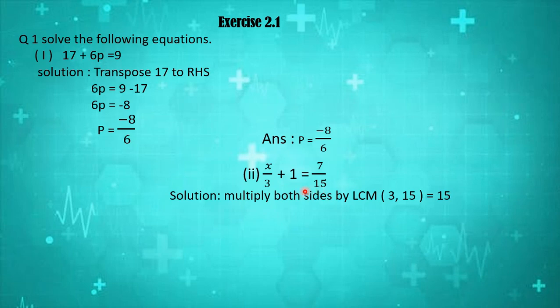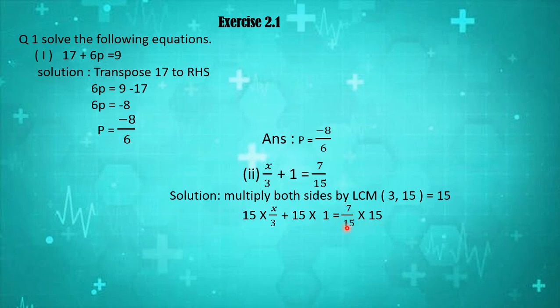Here 3 is the denominator on the left hand side and 15 is the denominator on the right hand side. The LCM of 3 and 15 is 15. So multiplying both sides by 15, we get 15 into x upon 3 plus 15 into 1 is equal to 7 upon 15 into 15.